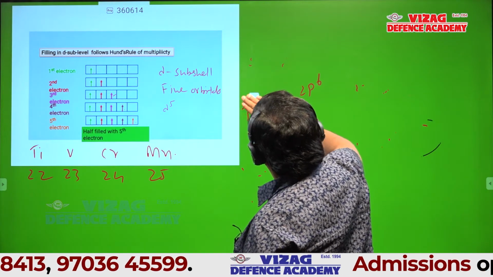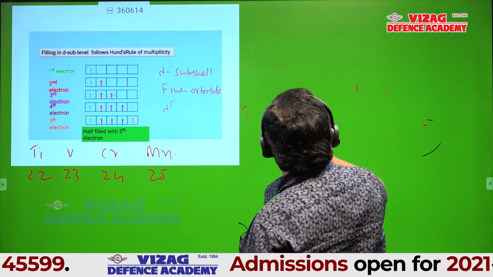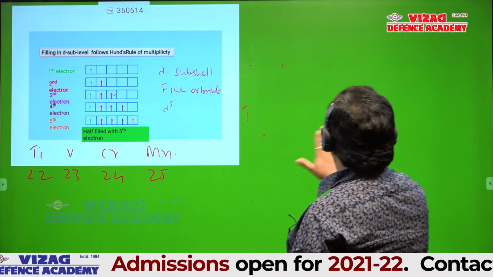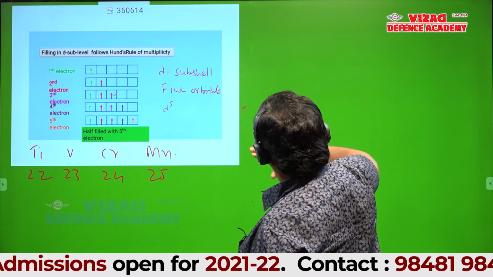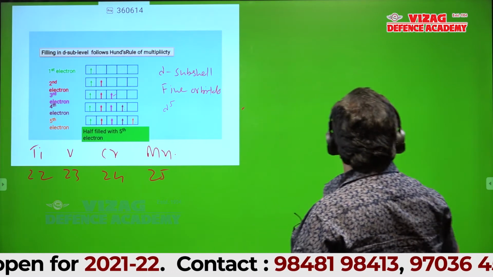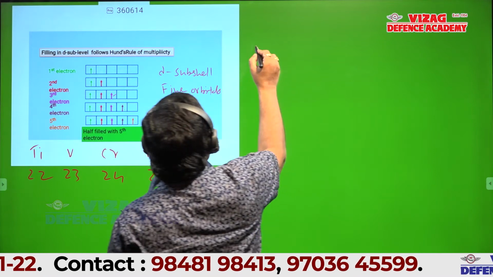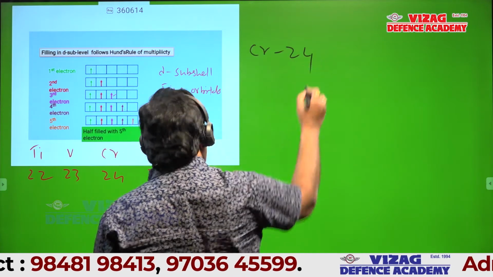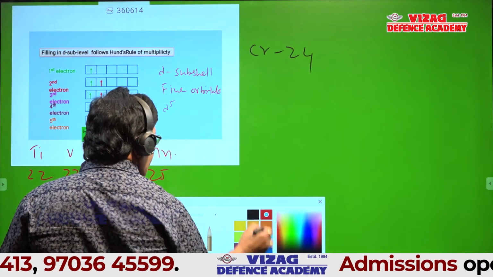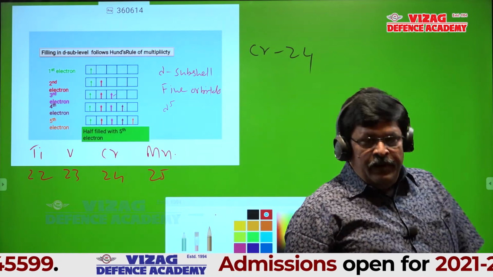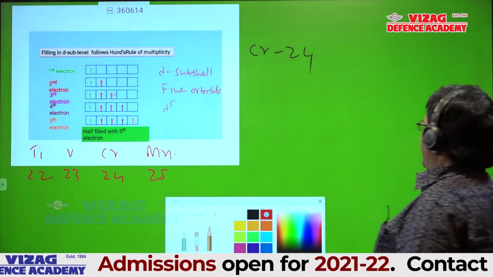Wait, students. There is an anomaly in the case of chromium. Chromium's atomic number is 24.